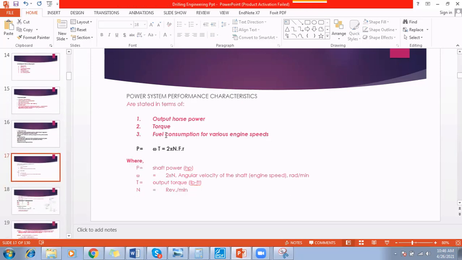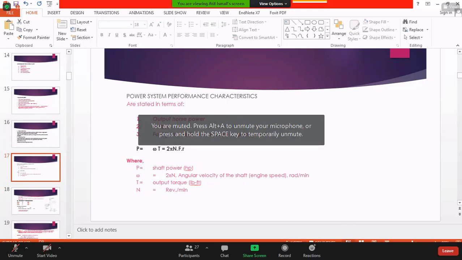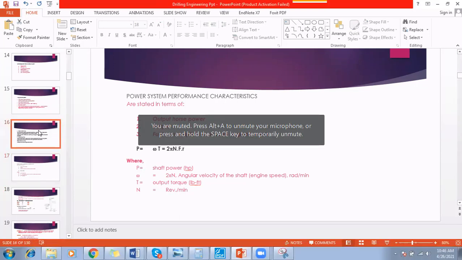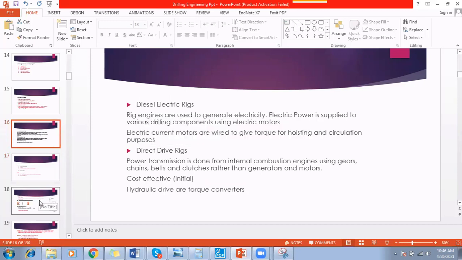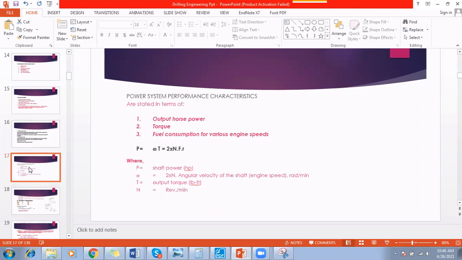Coming towards the technical part, which is the most concerned at the moment. Unlike the difference between diesel electric rigs and direct drive rigs, here is the main content related to the power system.